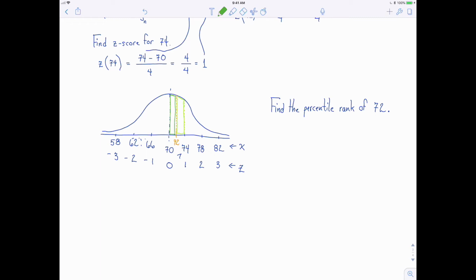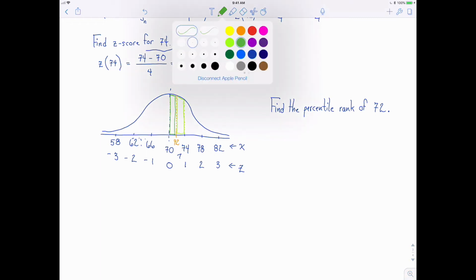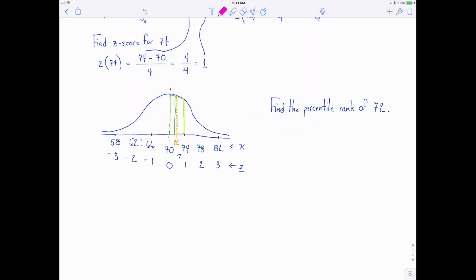Then we can use the tables like we did in our previous video. So let's take a look. So here's 72, and what I want is the percentile rank, so I need to know everything below 72. Now, before I can use my tables, I have to first convert 72 to a z-score.